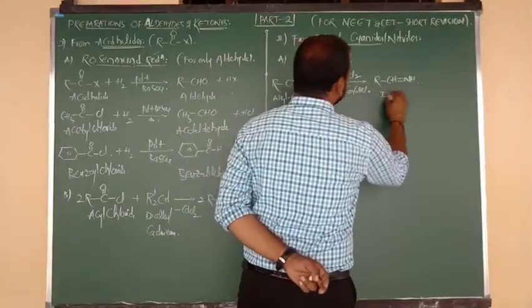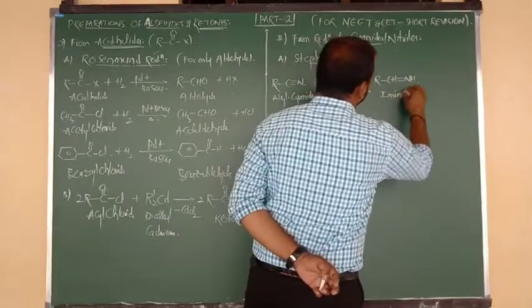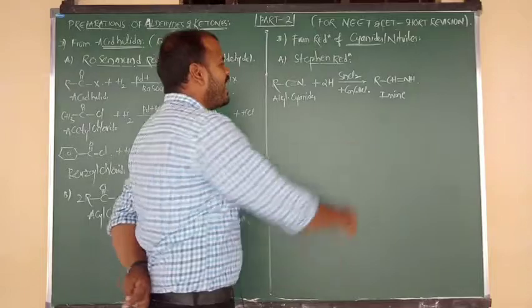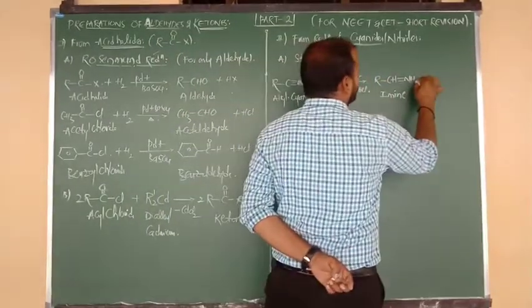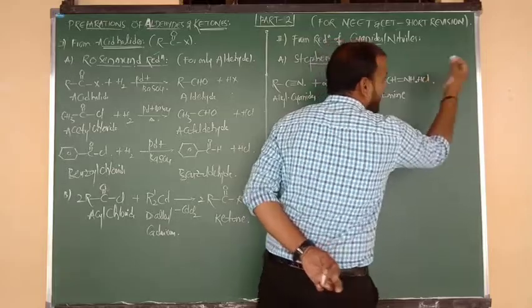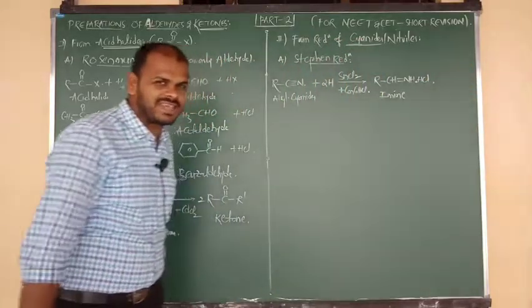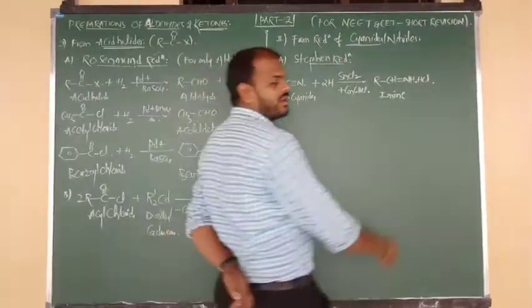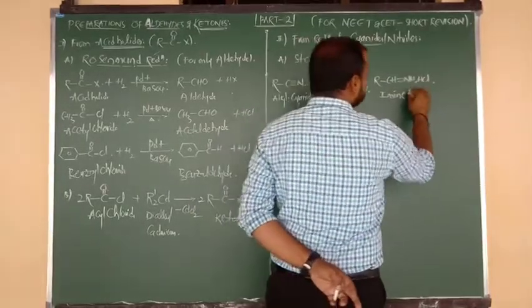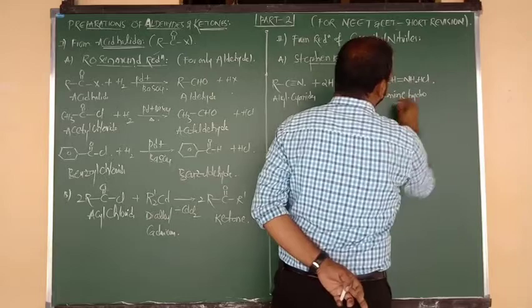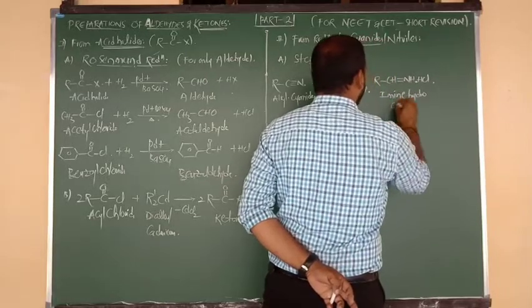The compound name is imine. Along with SnCl2, concentrated hydrochloric acid is there, and that group is repeated here as it is. This is the imine group, and imine contains HCl, so the name of this compound is imine hydrochloride.